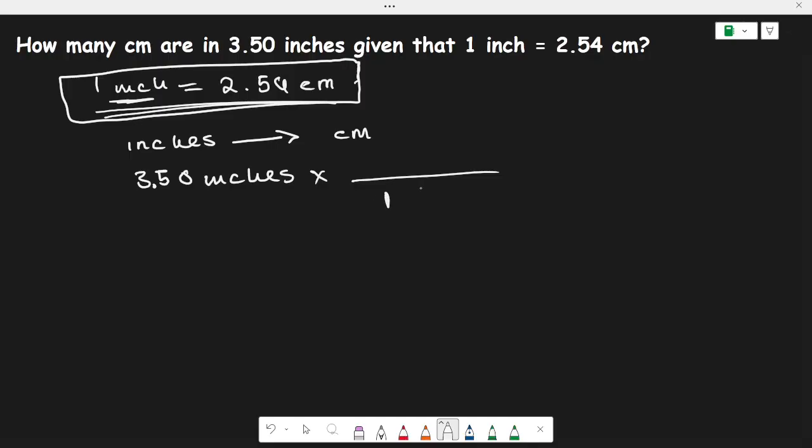So 1 inch, then on top we're going to have 2.54 centimeter, so that this and this can cancel.